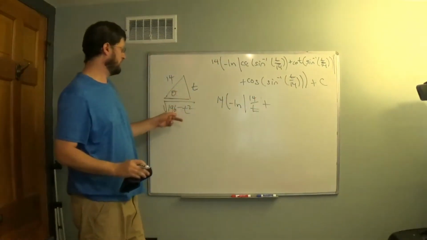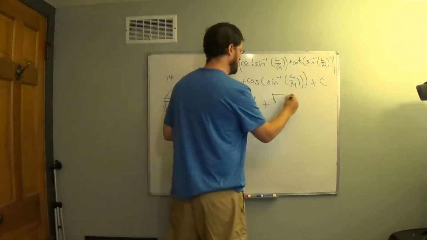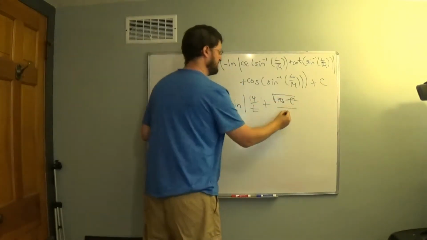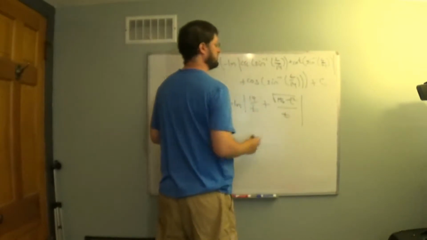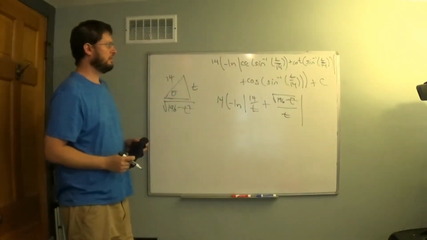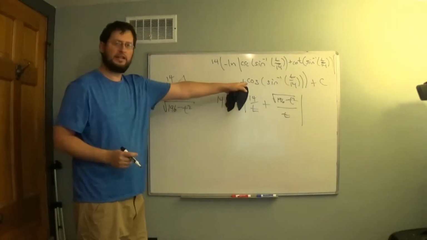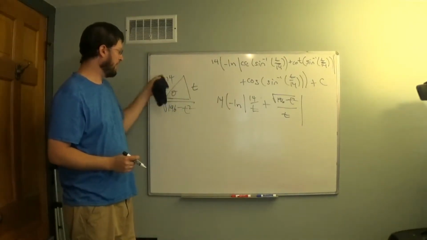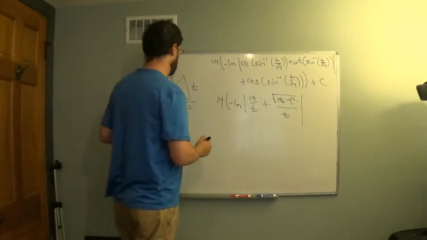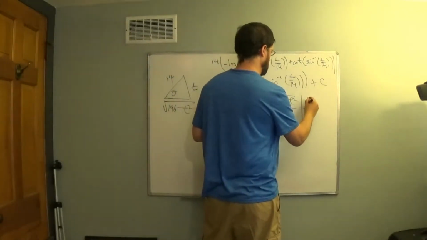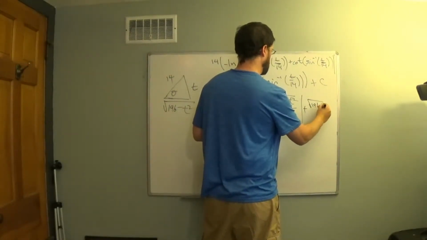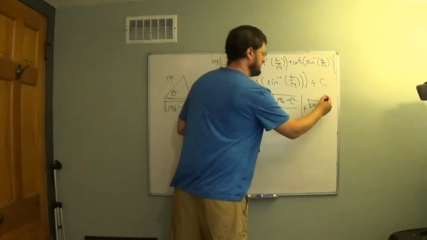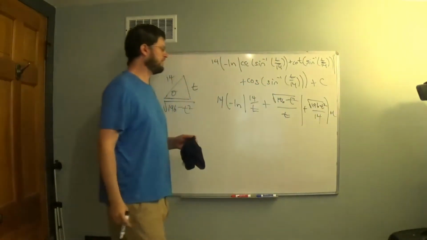Adjacent is root 196 minus t squared, and opposite is t. Finally, cosine of this angle, cosine is adjacent over hypotenuse. So root 196 minus t squared over 14. And that's our final answer.